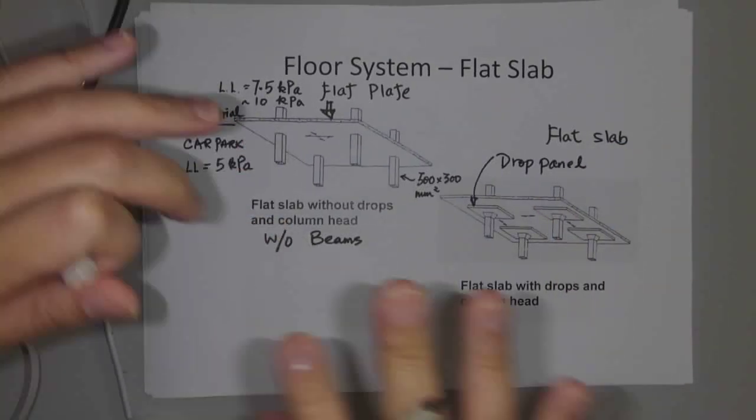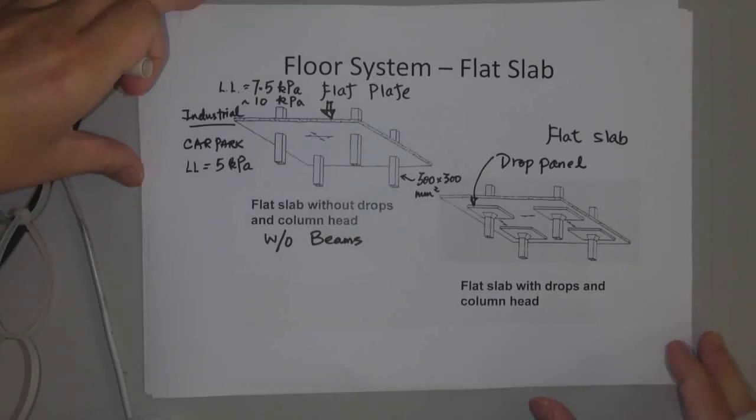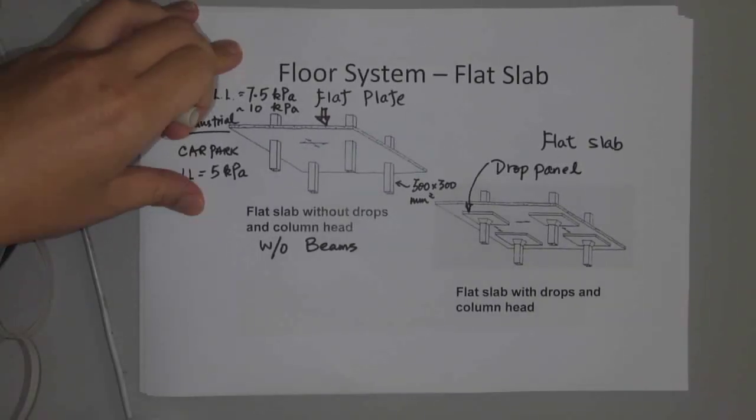I don't want to make the whole slab thicker. I just need to make it thicker around the column. Why would you make the whole thing thicker? It's no point. Wasting material, wasting money, or proposing a bad solution to your client.